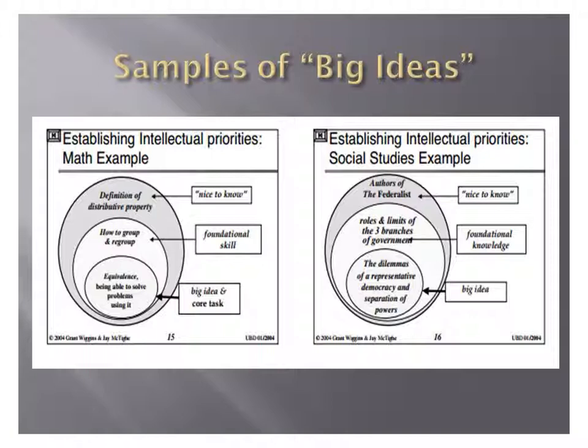You can see that there's some foundational knowledge that we do want our students to know: the 3 branches of government and what their roles are and what they're able to do and not do. But the big idea really comes down to when you look at the dilemmas of a democracy and the separation of powers, that's the enduring understanding that the student walks away with and has value in after they've completed the course.